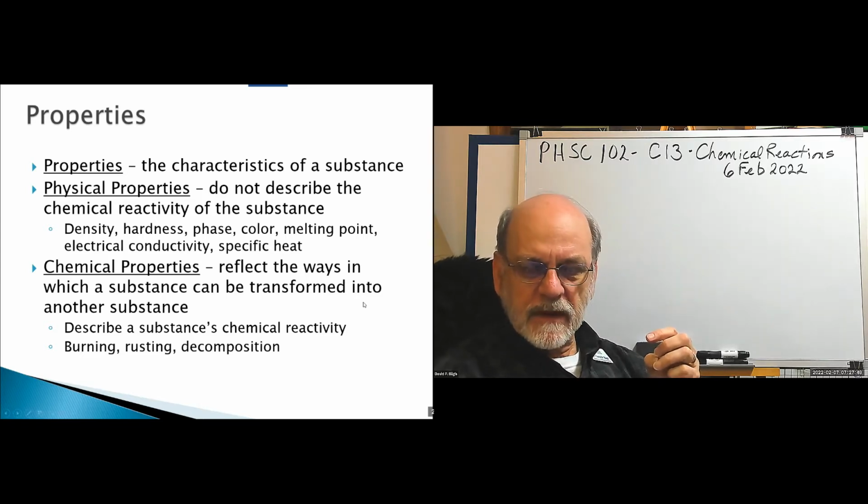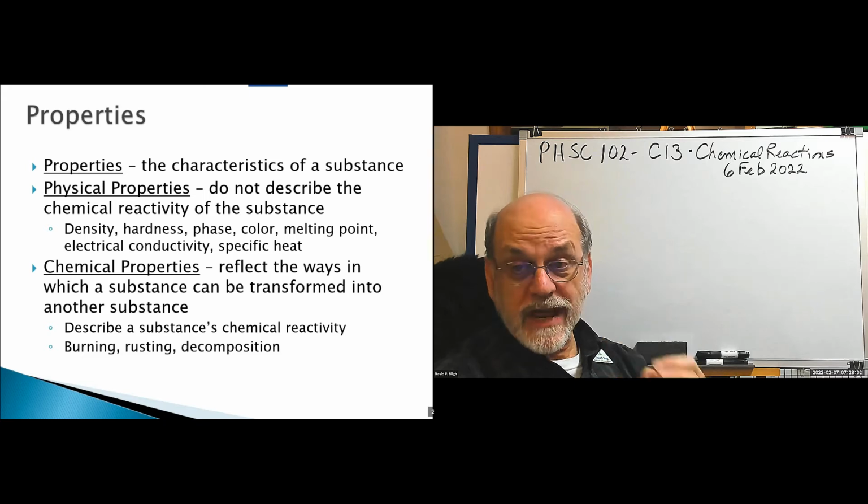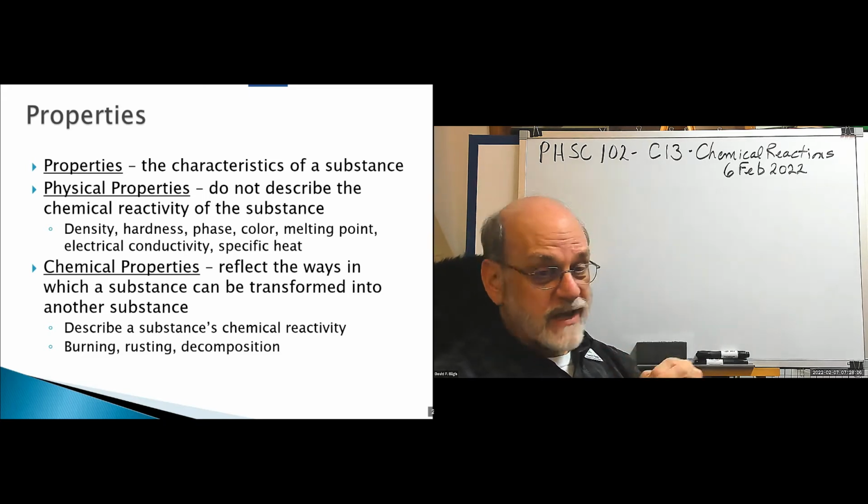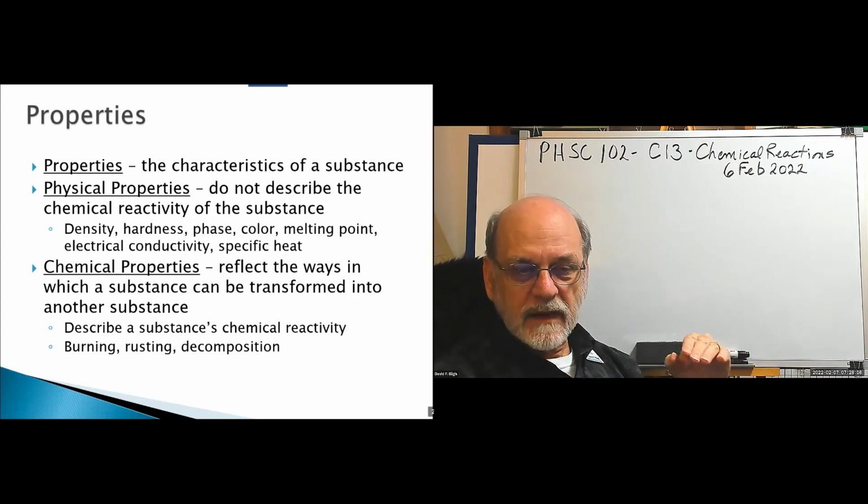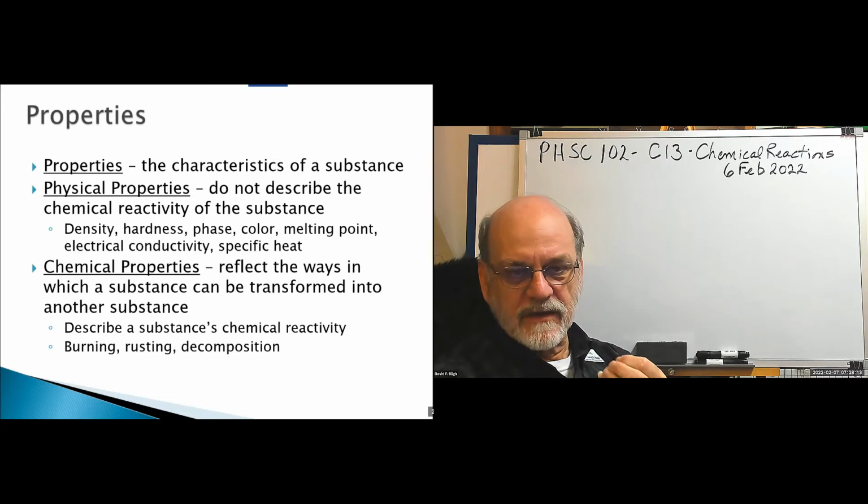In some cases, when we talk about physical properties, we mean those characteristics that identify the substance without referencing any type of possible change in the substance. In other words, if that property changes in any way, it doesn't change the identity of the substance.